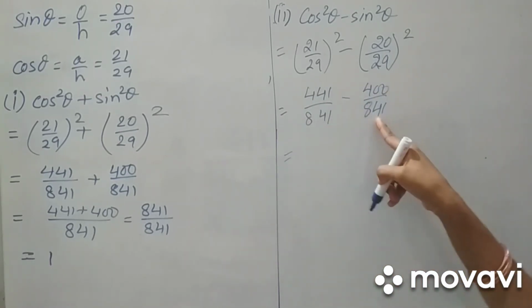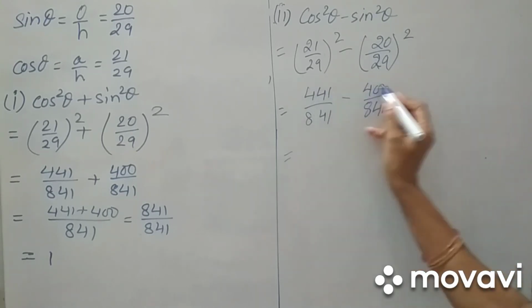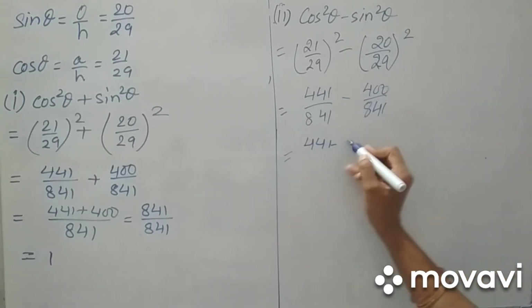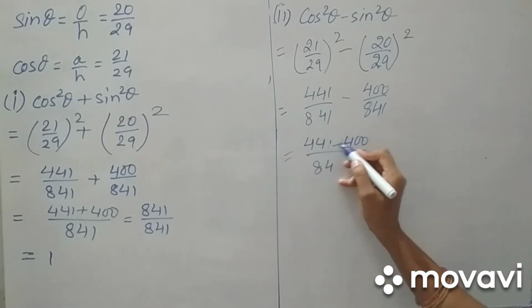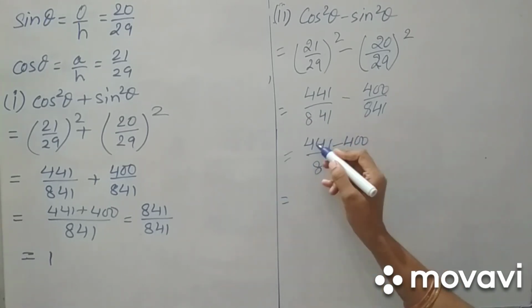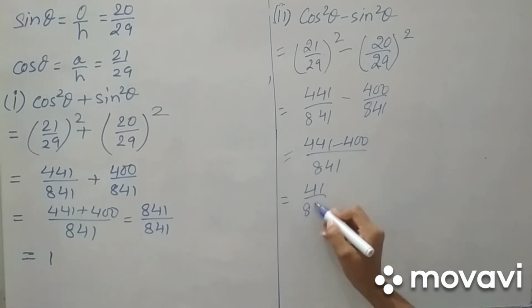Here also the denominator is the same, so we can directly subtract. 441 minus 400 upon 841 is equal to 41 upon 841. That is the value of cos square theta minus sin square theta.